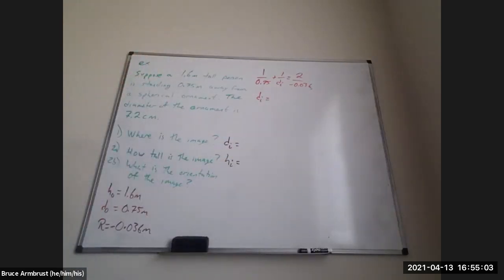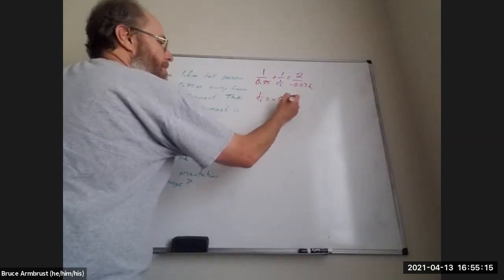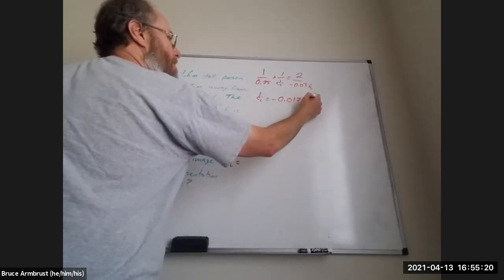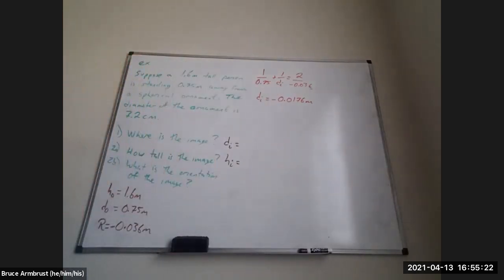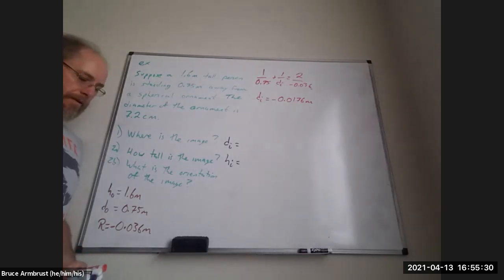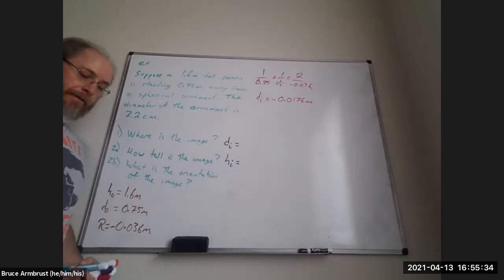All right, well, that's enough for us to go ahead and calculate for DI. And we get DI equals negative 0.0176 meters. All right, so where is that? Inside the sphere?